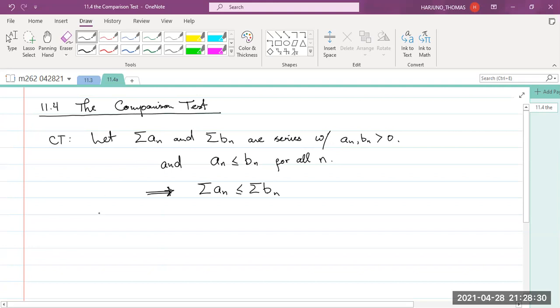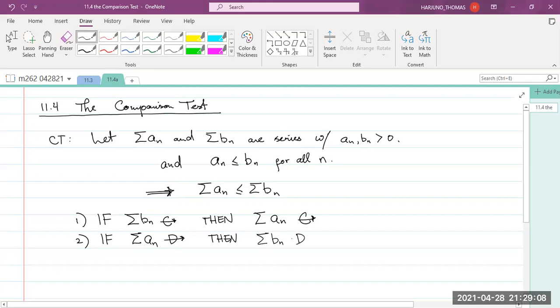Okay, now. So first, if the infinite sum of B sub n is convergent, then that infinite sum of B sub n is the upper bound, convergent, then A sub n is also convergent. But if the lower bound is divergent, then the series B sub n will be divergent.